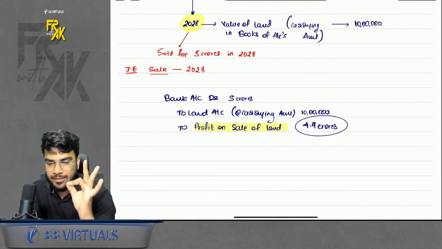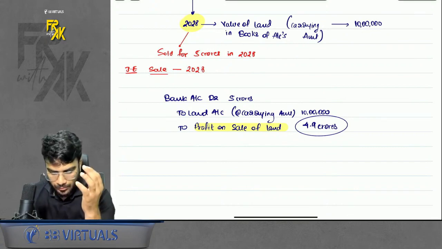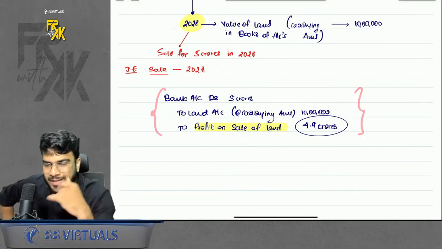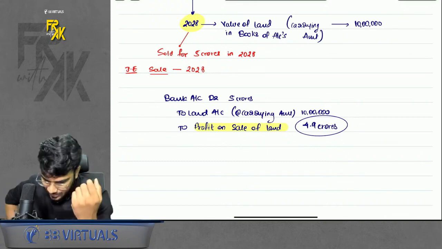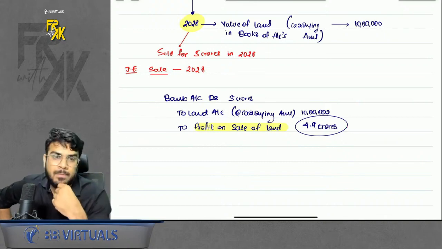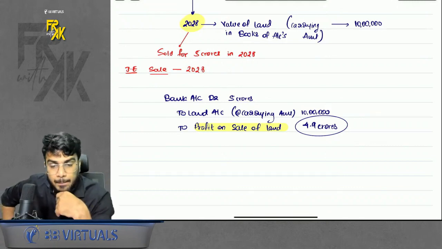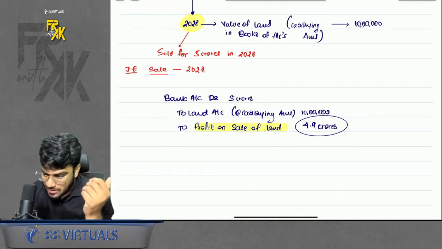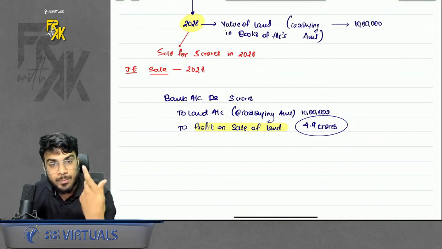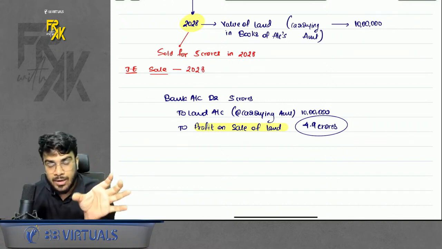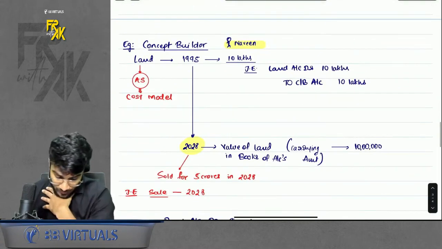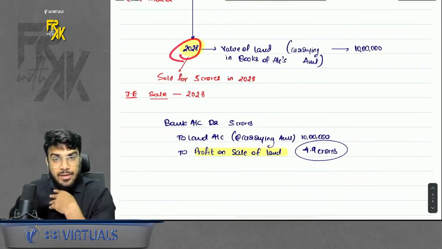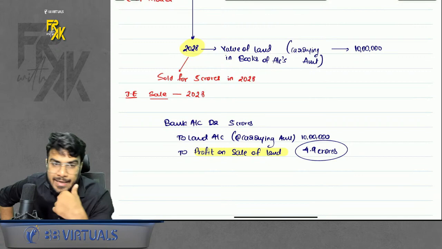So do you see this shows not a true picture of the financials of the company, because you will feel that the profitability of the company is very high, but in substance it is not, because this profit is because of sale of land and not from business. But the shareholder, if it sees on the face of it, it will see that Naveen has performed very well in 2028, but that might not be the ideal case.